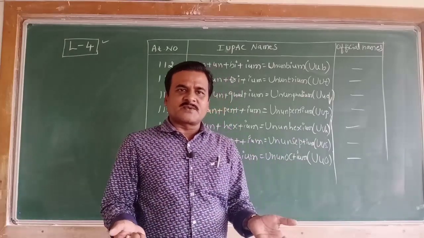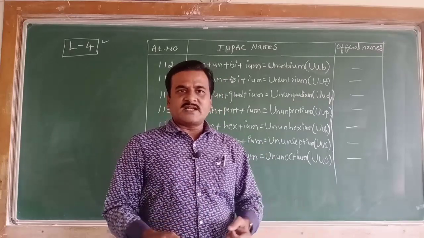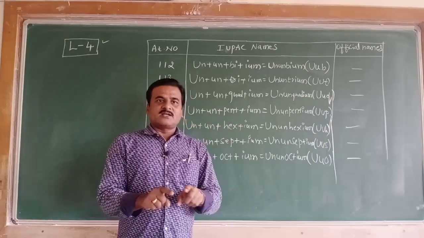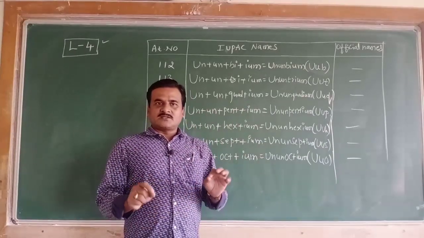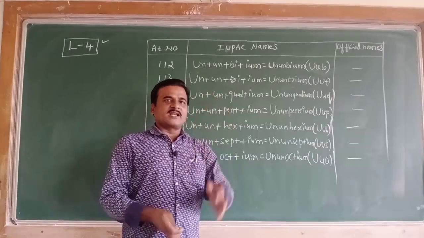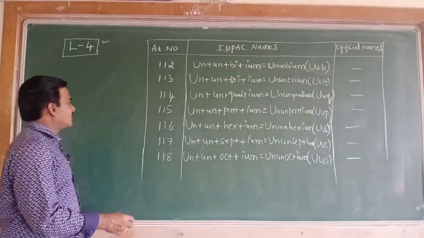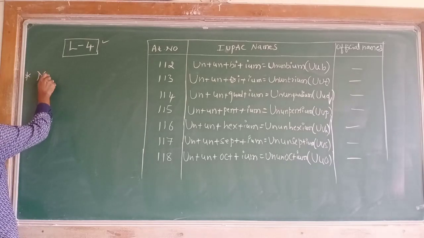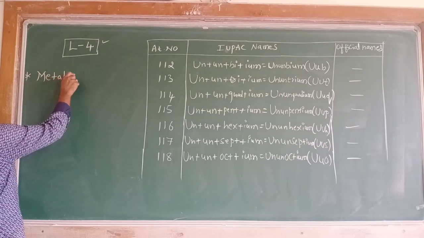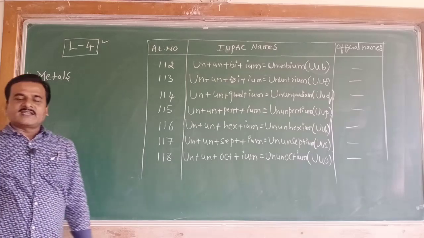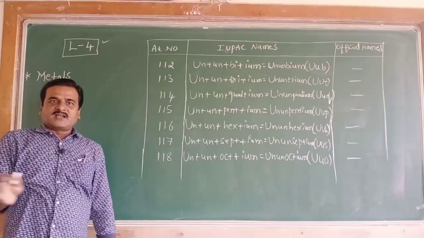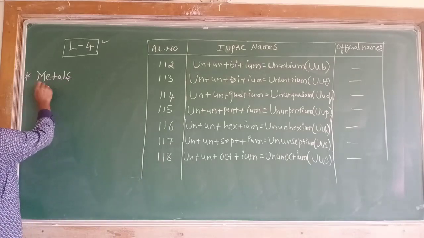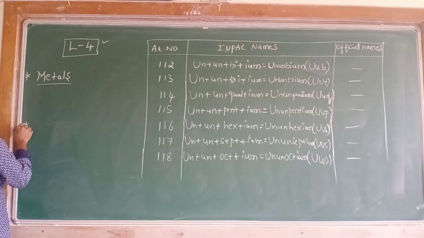Metals are usually placed at the left and middle of the periodic table, and then non-metals.